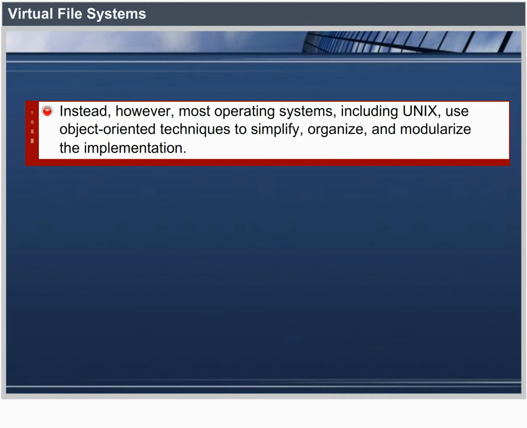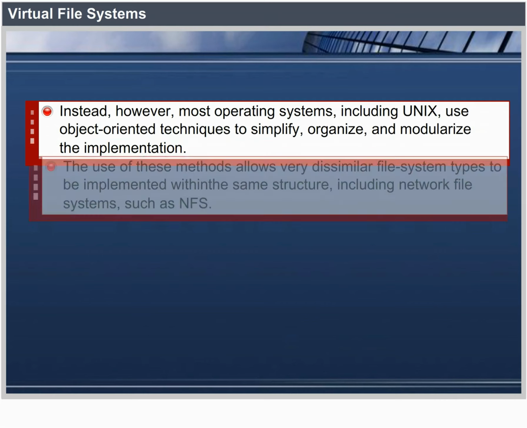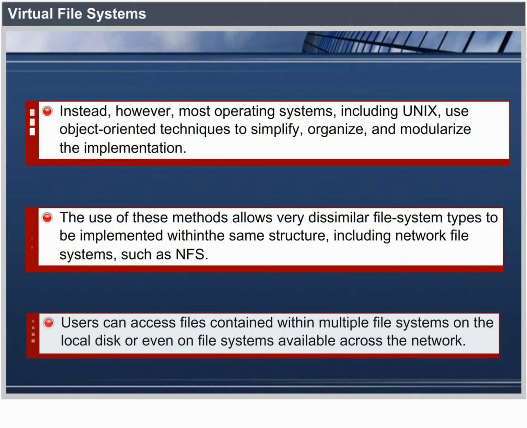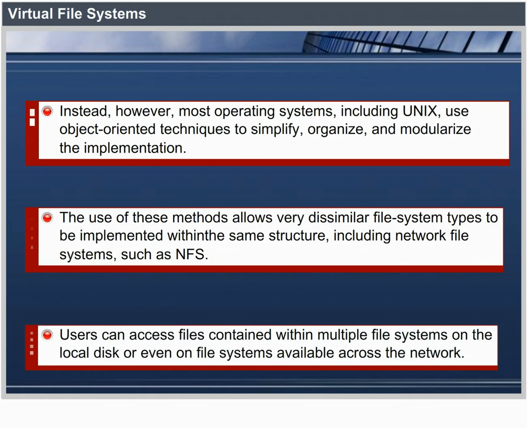The use of these methods allows very dissimilar file system types to be implemented within the same structure, including network file systems such as NFS. Users can access files contained within multiple file systems on the local disk or even on file systems available across the network. Data structures and procedures are used to isolate the basic system call functionality from the implementation details.